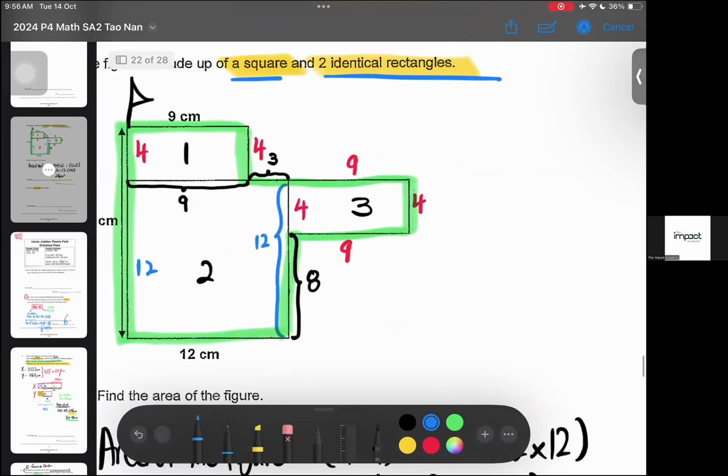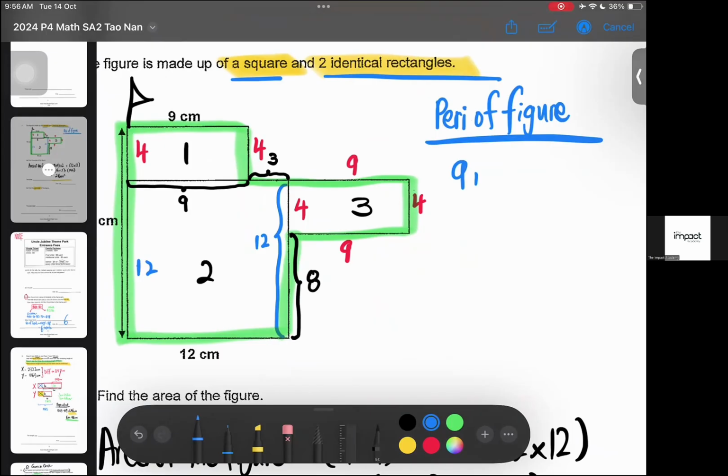So I'm just going to do it over here. Perimeter of figure. Based on what I see, my flag is there. I'm going to start from 9 plus 4 plus 3. Once I'm done, I can put a tick.